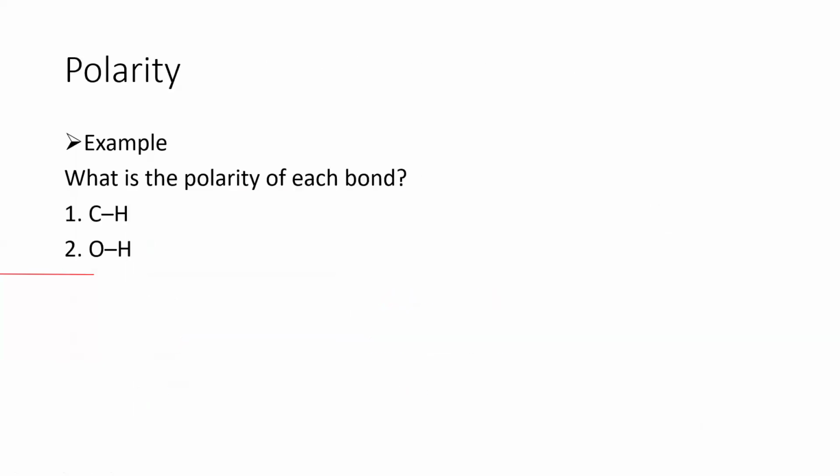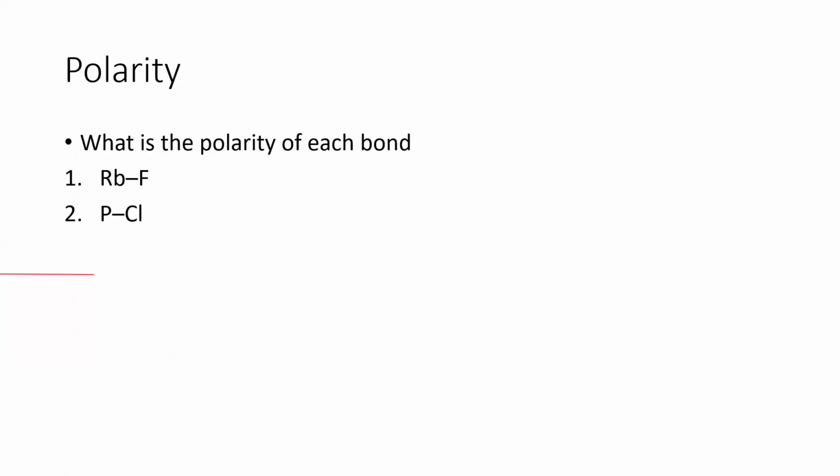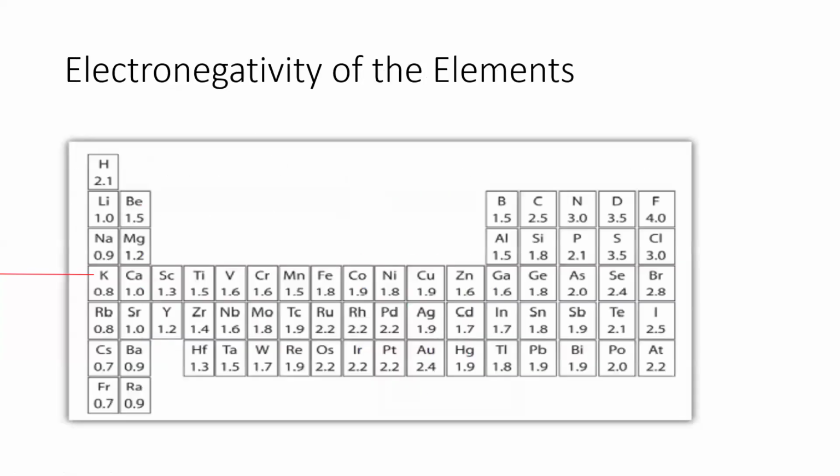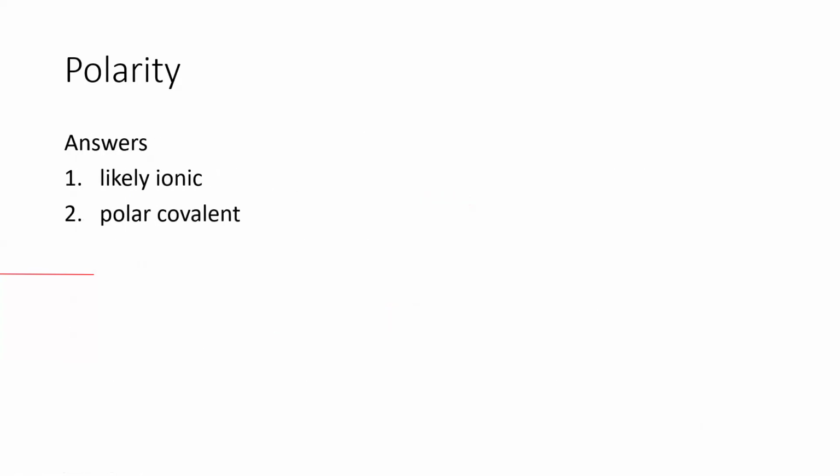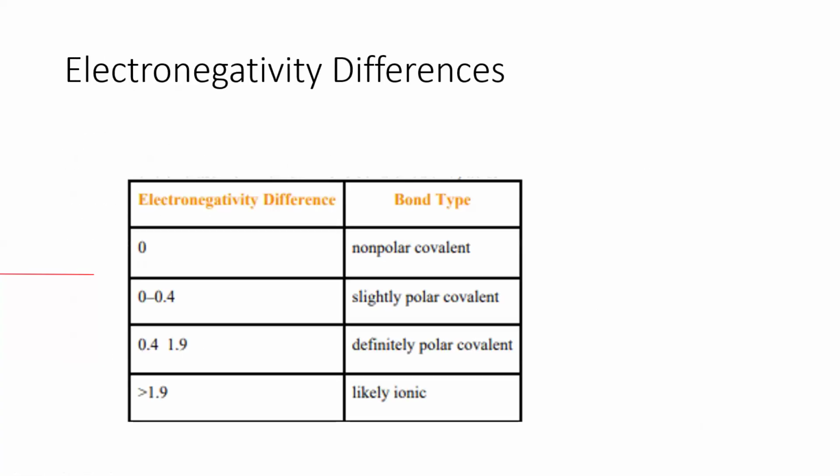Then you go to the other one, fluorine, which is 4.0. So 4.0 minus 0.8 gives you 3.2. So it's likely ionic. If you come here, it says that when the electronegativity difference is greater than 1.9, it's likely ionic. Here we have 3.2, so it's likely ionic. Is it okay?